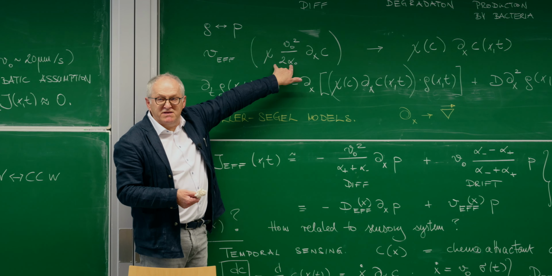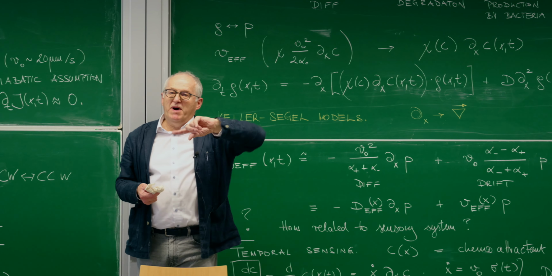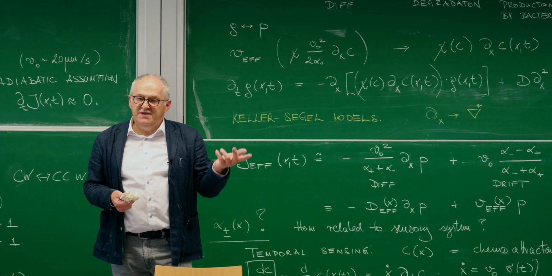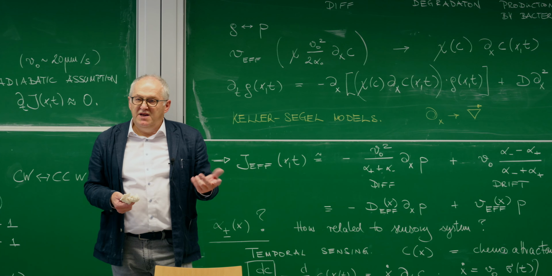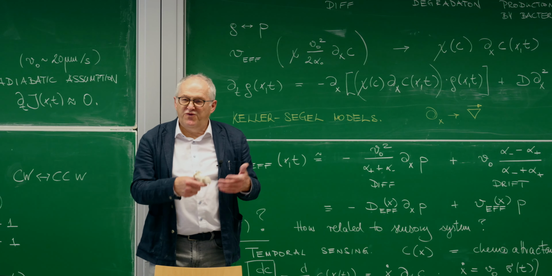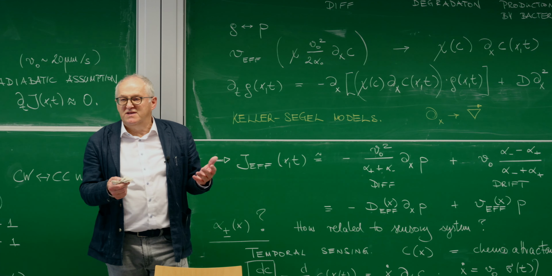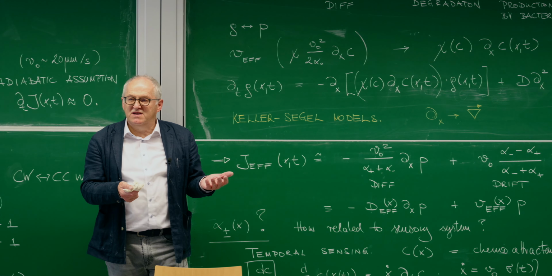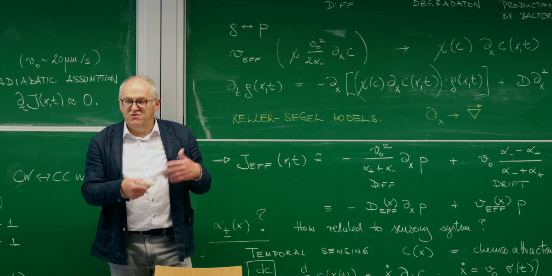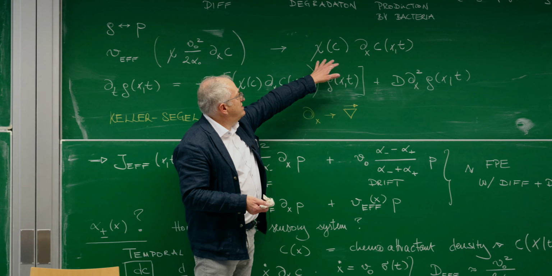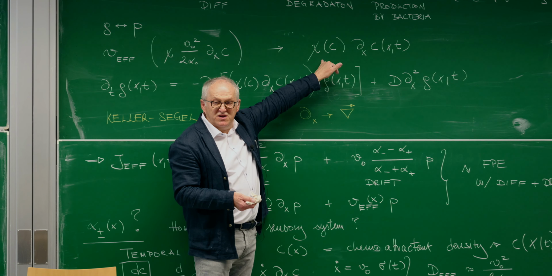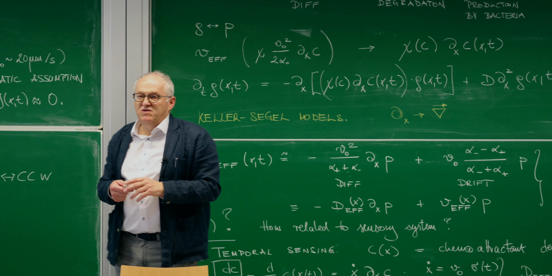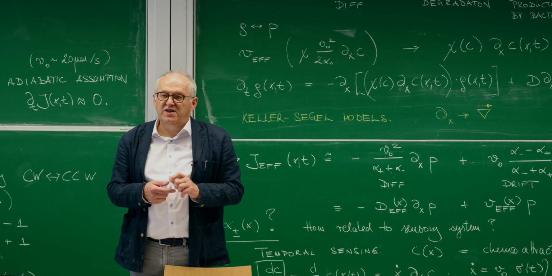This is the simplified analysis where I just say they flip back and forth in a fixed gradient, and the sensing is temporal sensing. And now I'm saying I take a leap of faith, and say if I were to understand more in detail how the chemosensing works, I could then calculate a response function, a sensitivity function, chi of c, that characterizes the response of the bacteria to the chemoattractant or chemorepellent field.